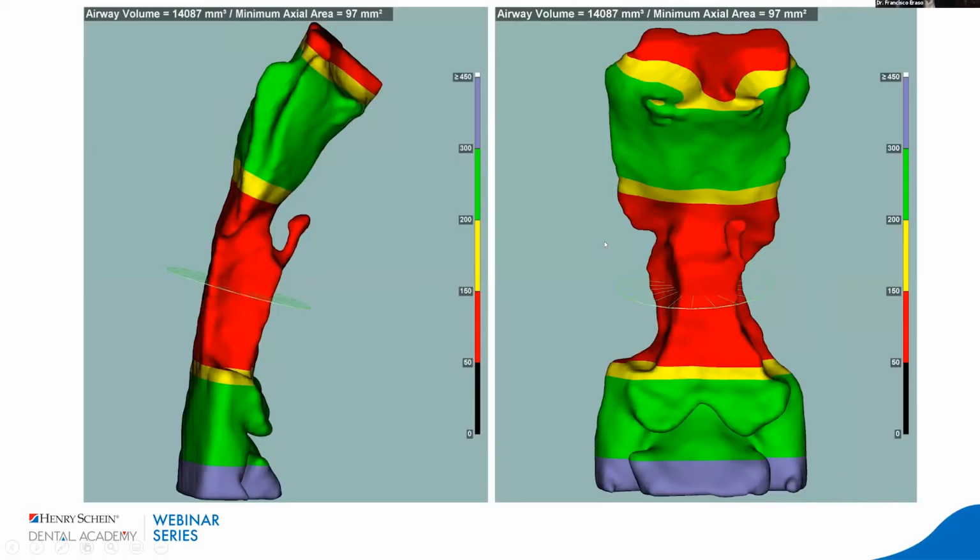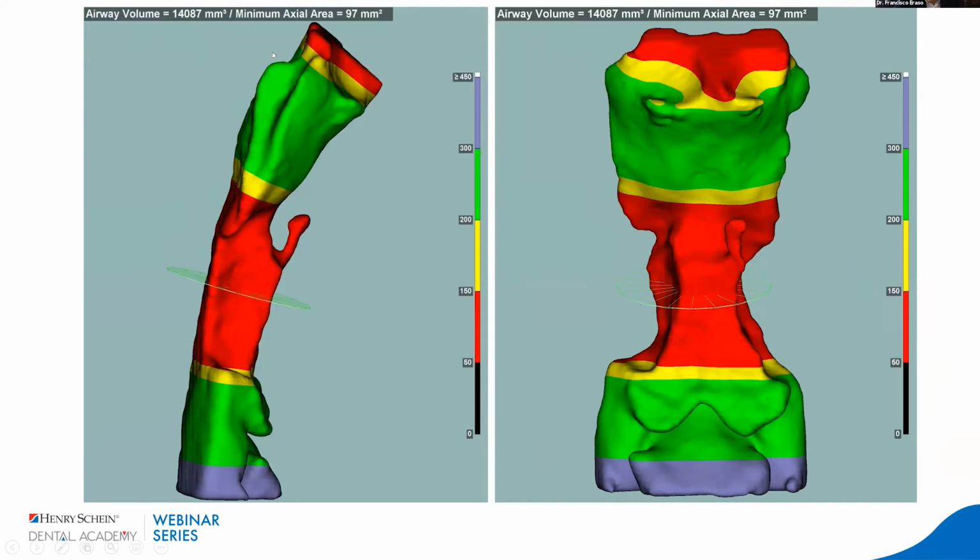Now, when I have pictures of the airways, I have to quantify the information. There are two types of information that I have from the CBCT in orthodontics. One is the airway volume, and the other one is the most constricted area of the airways. The most diagnostically useful information that I use is the most constricted area, which is given in millimeters squared.